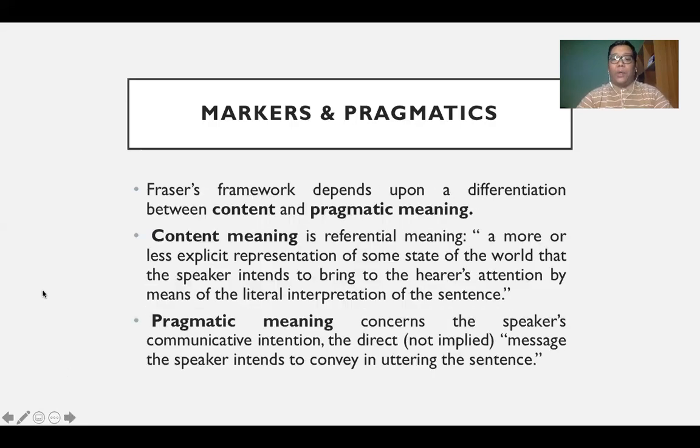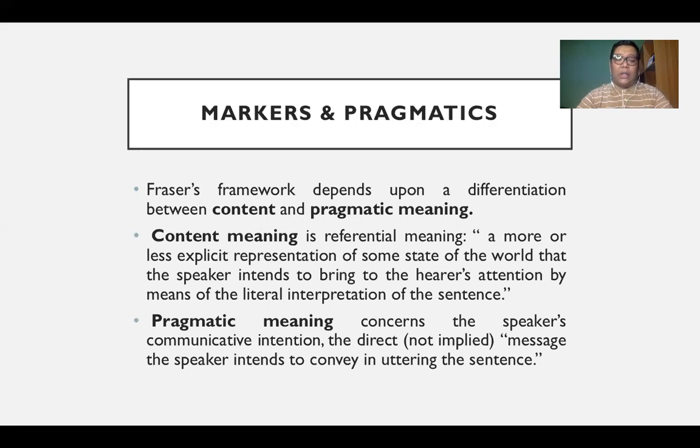So Fraser's framework heavily depends upon a differentiation between content and pragmatic meaning. So there are two meanings being suggested by Fraser here in the context of his framework. Content meaning is referential meaning, a more or less explicit representation of some state of the world that the speaker intends to bring to the hearer's attention by means of the literal interpretation of the sentence.